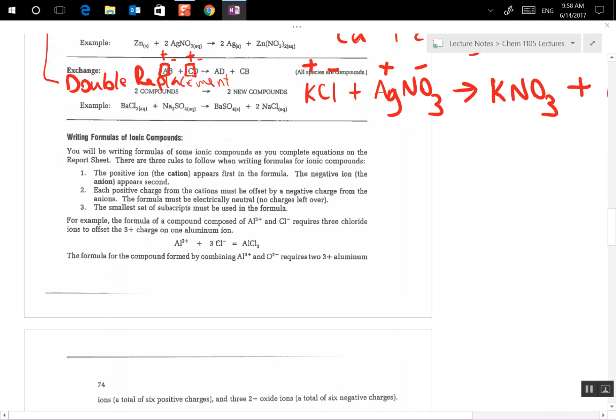To write the formula, I just take the charge from the other ion and use that as my subscript in the formula for the other thing. So -1 charge here, so I need 1 Al, plus 3 charge here, so I need 3 Cls. So AlCl3. That's how I would combine those.